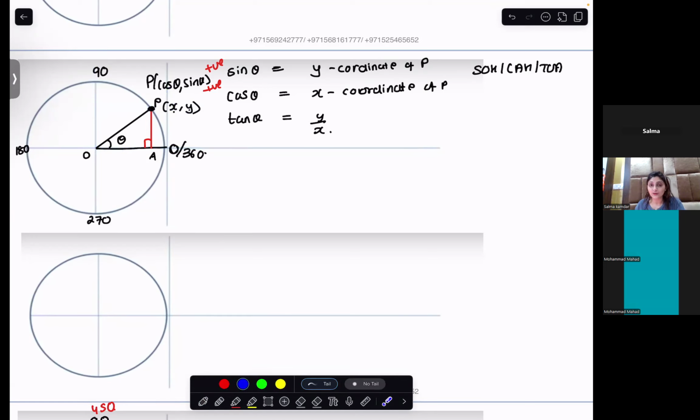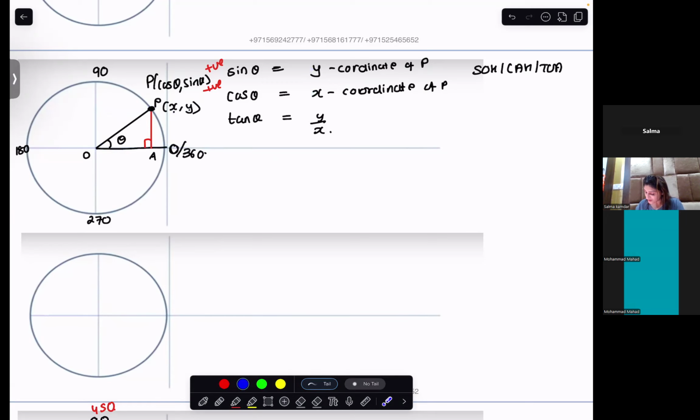So if you see over here, in your first quadrant, cos theta is positive, the x coordinate. Sine theta is positive, the y coordinate. And tan theta is also positive because y is positive and x is positive.